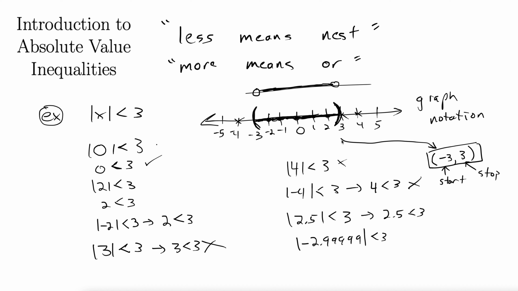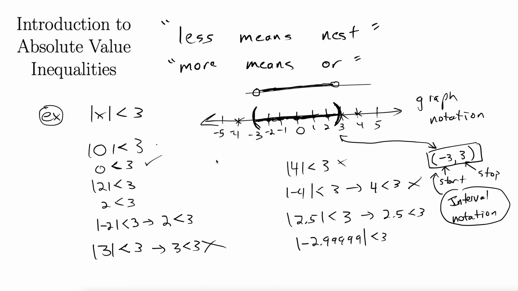Well, really both of these in these exercises. But the interval notation is just a way of representing the graph notation in a more compact way. So I'll write this interval notation. Interval notation is there.